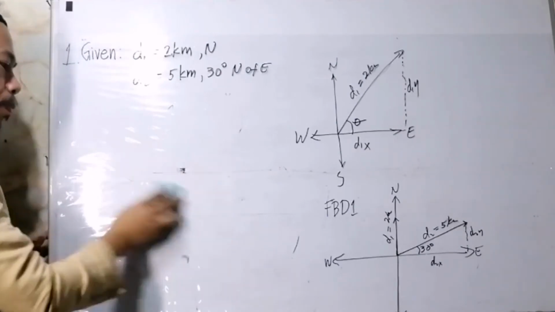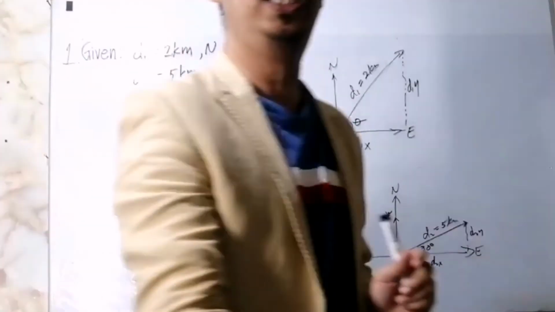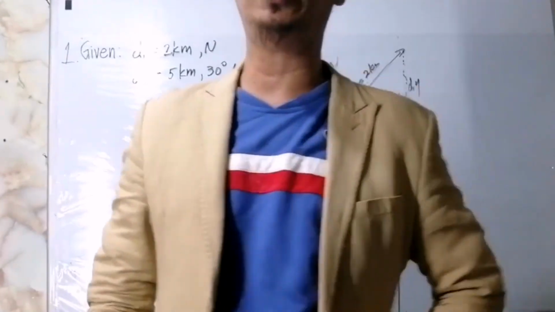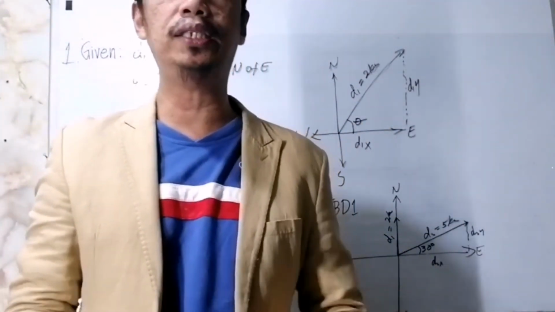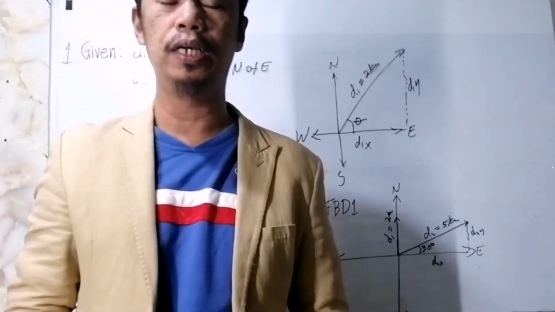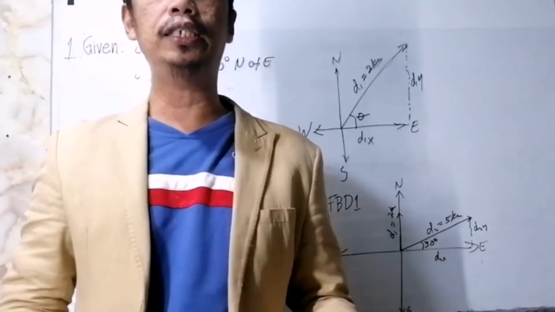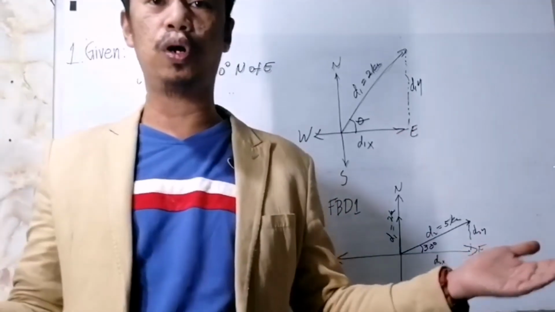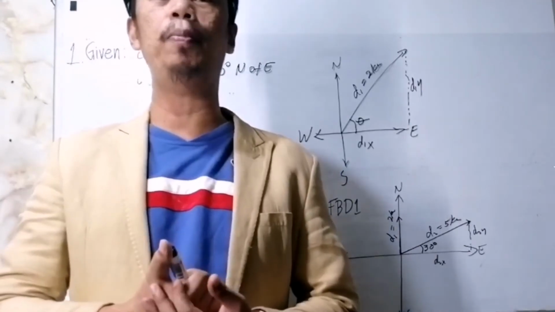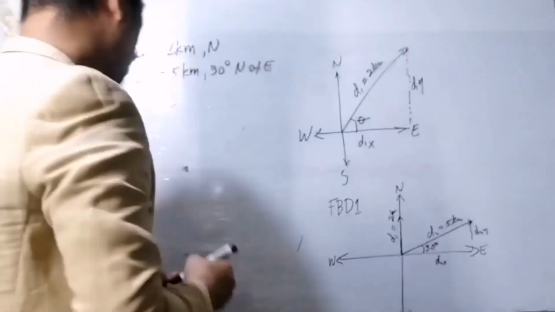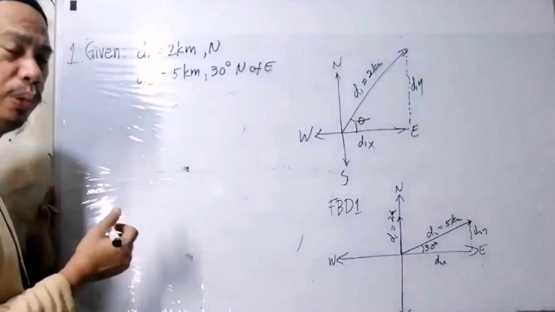To solve for the component, by the way guys, we need to calculate the resolution of vector. And what is this resolution of vector all about? The resolution of vector is the complete vector or the sum of all the vectors that we have. And what are the components or the quantities included in it?